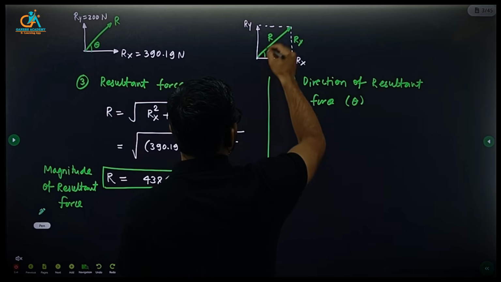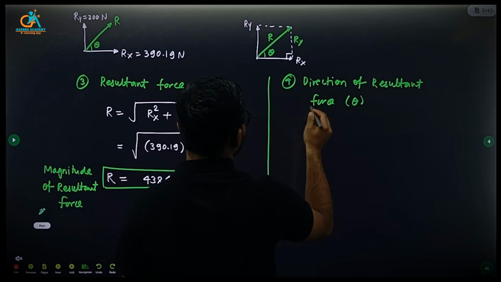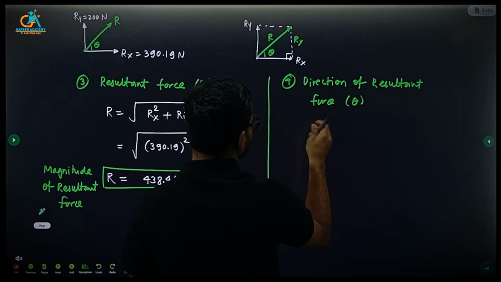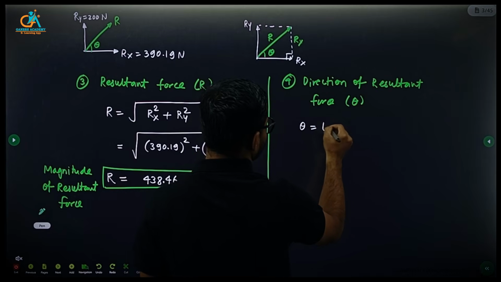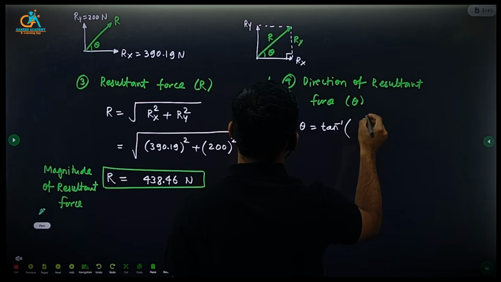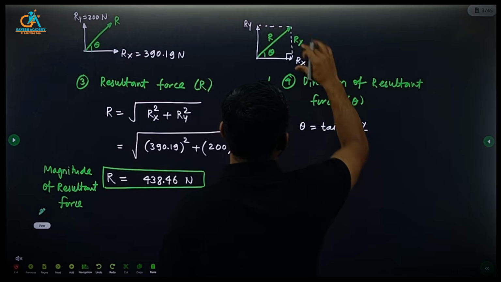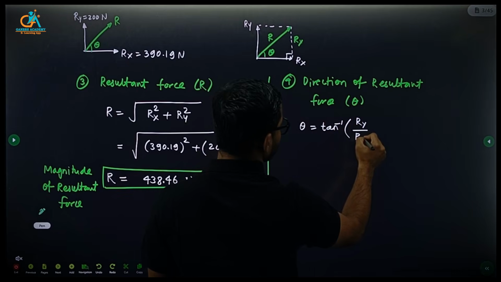So use the relation tan theta. You'll get theta as tan inverse of Ry, opposite side upon adjacent side.